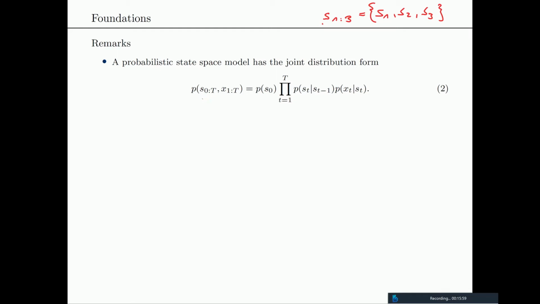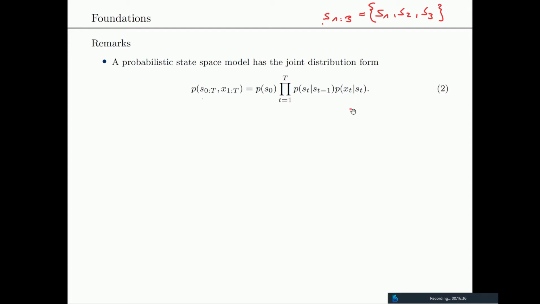This joint distribution over all state variables and all observation variables factors in a specific form. Namely, you can write this joint distribution as the product of the marginal distribution over the zeroth state variable, times the product of the conditional state variables, S_t given S_{t-1}, times the product of the observation random vectors given the state vectors.